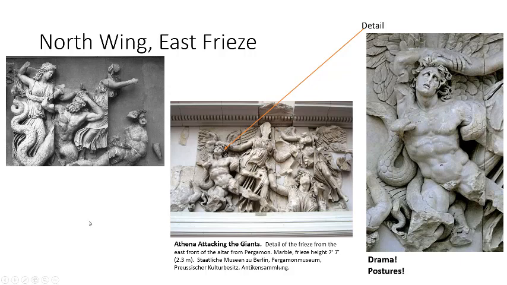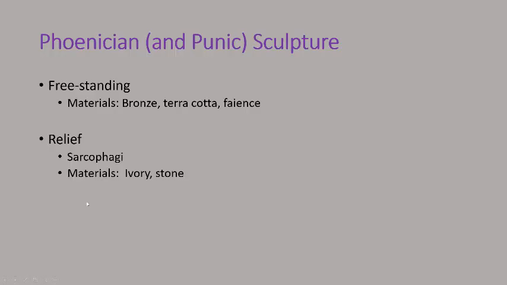So big theater drama. There's Athena apparently not happy. Stopping talking now. So that was the quickest Greek art lecture I've ever given in my whole life. Actually, it was just sculpture, but still the quickest.